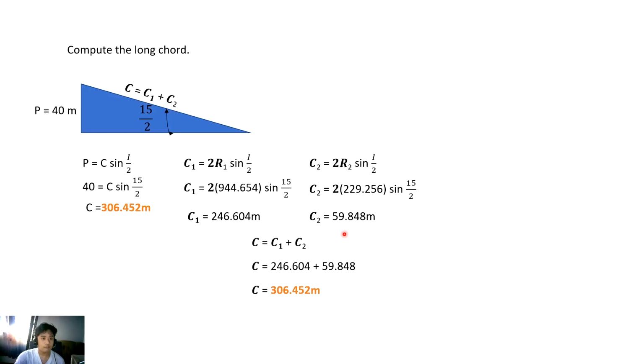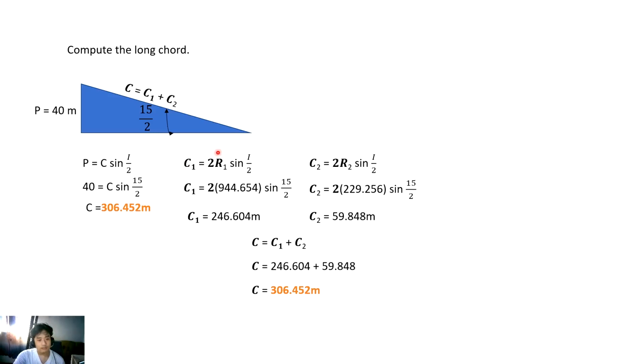Tama tayo. So, for the long chord, ganun ulit. Para makuha natin yung C, we're going to use P equals C sin I over 2. So, ang P natin ay 40 equals sa C sin I over 2, which is yung I natin ay 15. So, substitute. Then, we'll get C as 306.452.